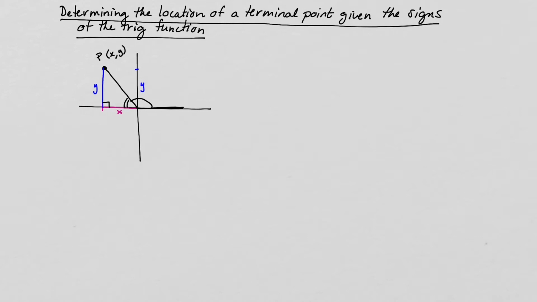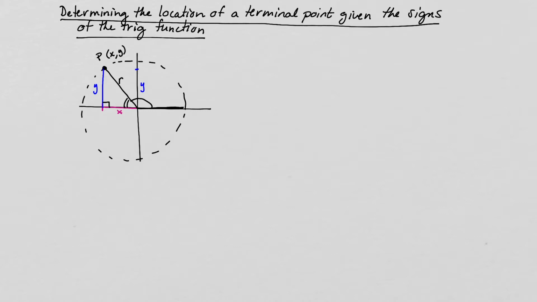We can call the hypotenuse h, or more mathematically, we call it r. The reason we call it r is because we think about this point as lying on a circle, and so we usually use r for the radius of the circle.